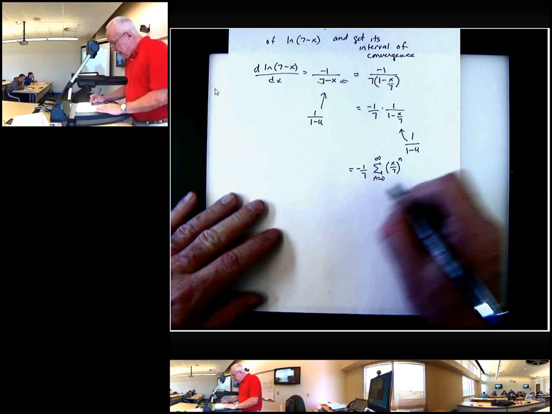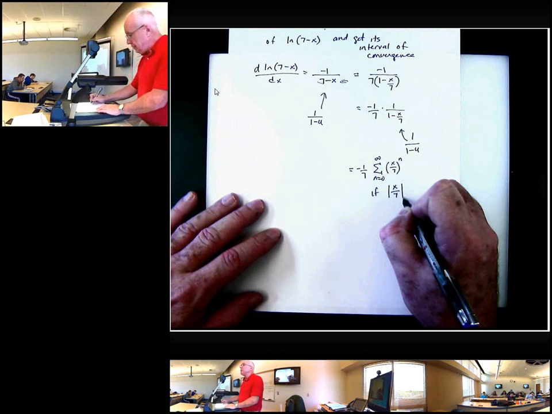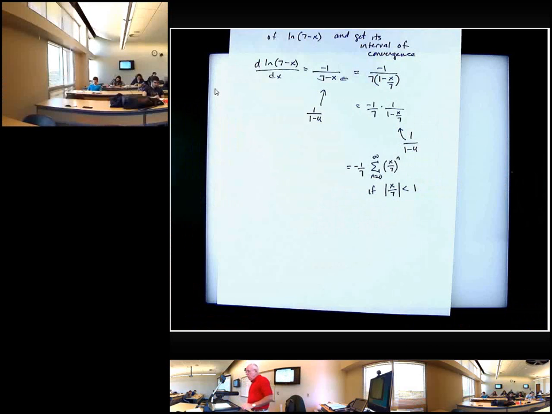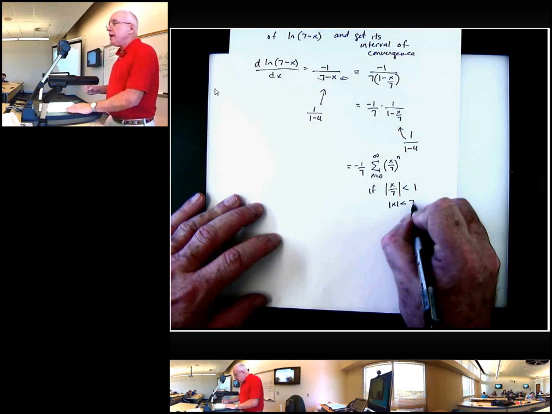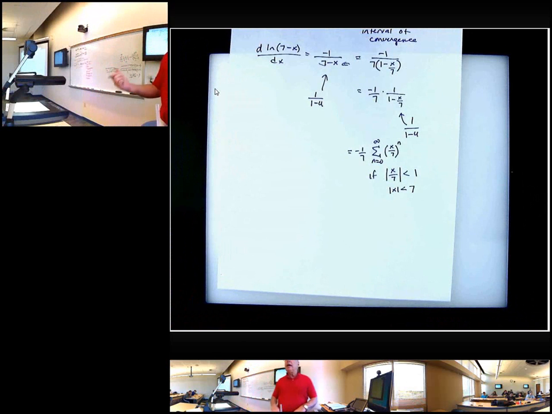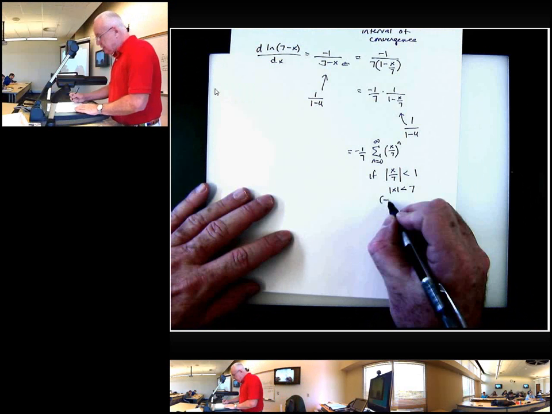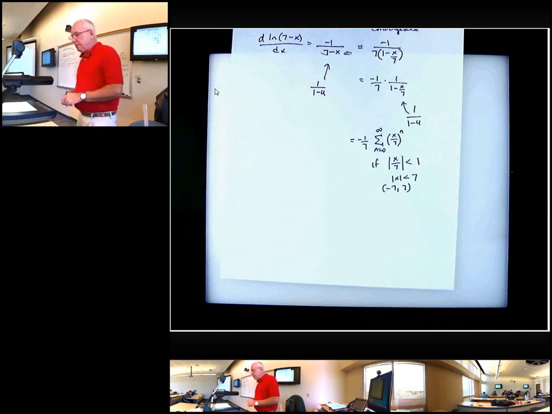And that's if the absolute value of x over 7 is less than 1, right? Which means when I multiply both sides by 7, the absolute value of x has to be less than 7. So therefore, x is squeezed between negative 7 and positive 7, in interval notation, and I don't have to check any endpoints.